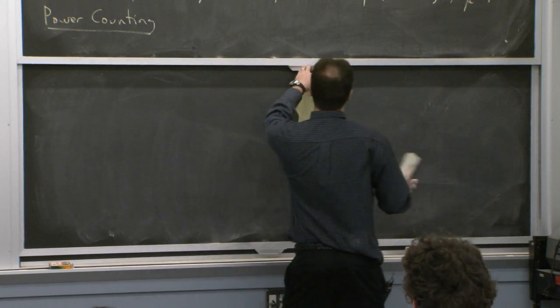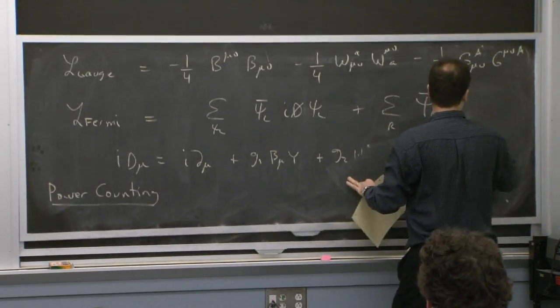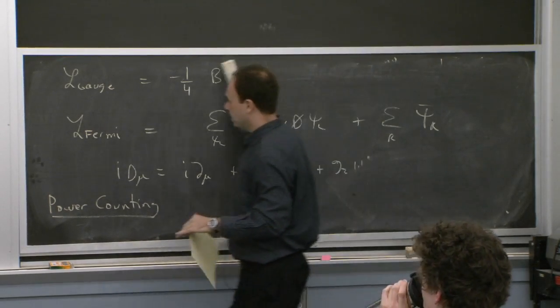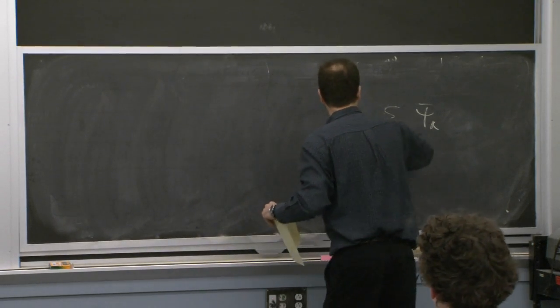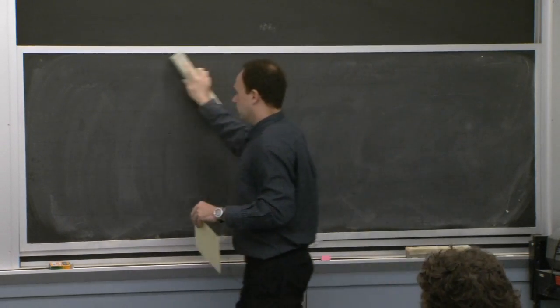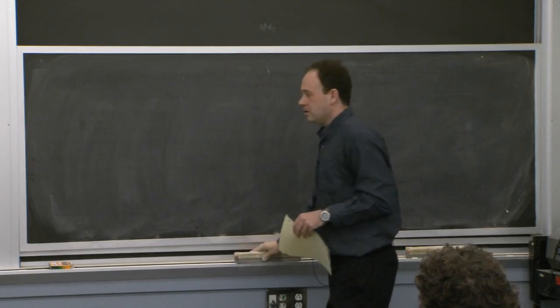So it could be that you do some calculation, you encounter some divergences, but if they're higher order in the expansion than what you need, and you have a power counting that tells you that, they would be absorbable into some operators that you haven't even written down, you can just drop them.